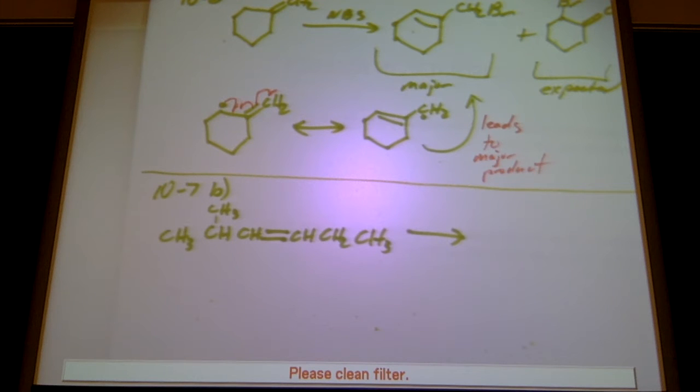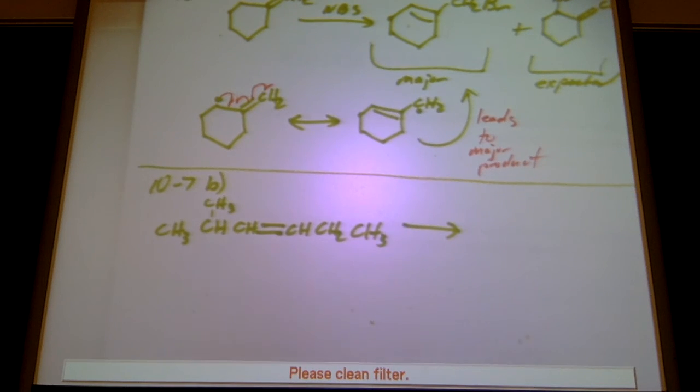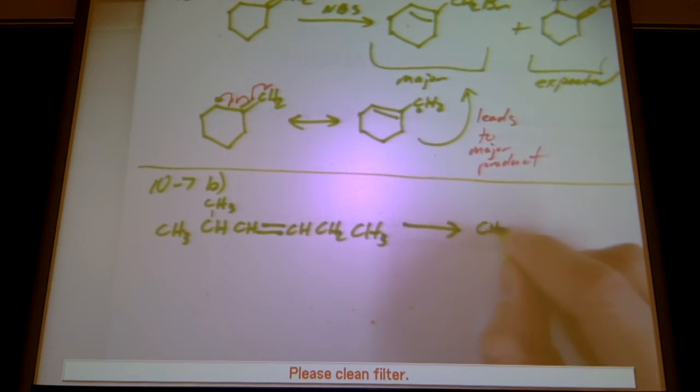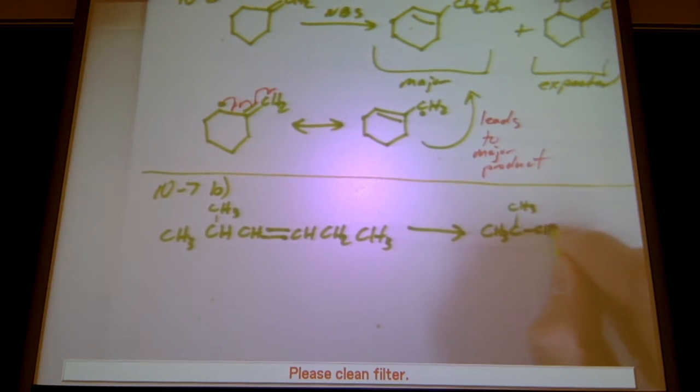So here I have two adjacent positions through my double bond.